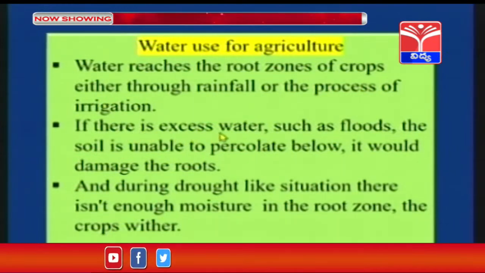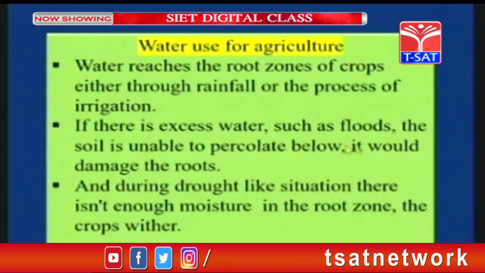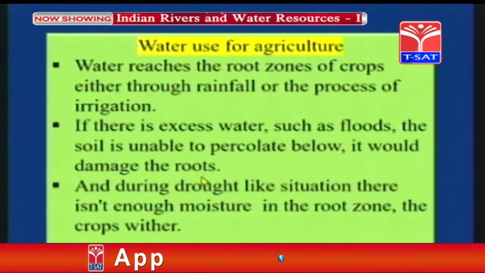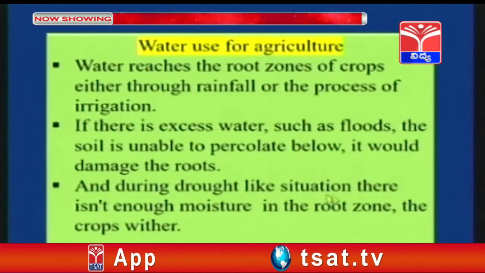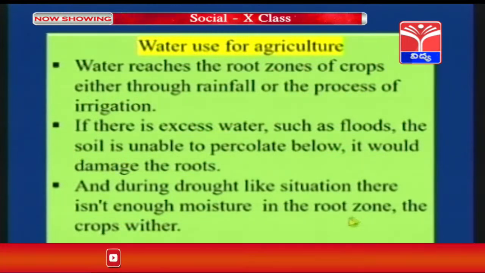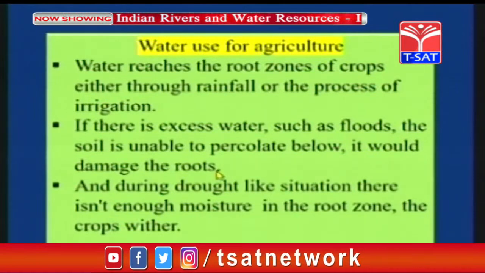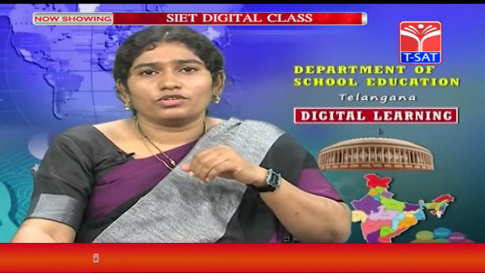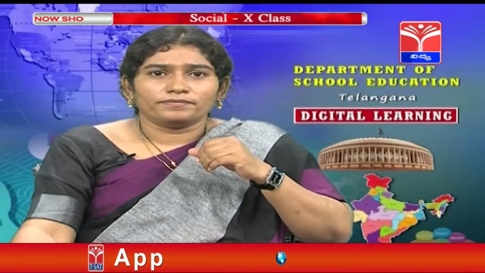If there is excess water, such as floods, the soil is unable to percolate below, and it would damage the roots. And during a drought-like situation, there isn't enough moisture in the root zone and the crop withers. So, excess water is also not good for the crops, and even less water also spoils the crop.